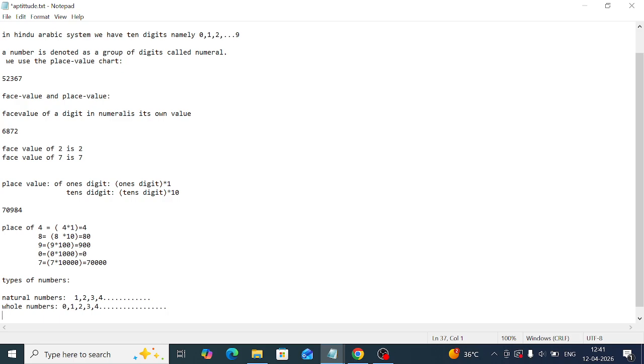Next, see, integers. Integers means what? Tell me. Integers means positive integers will be there, negative integers will be there. Positive integers means what? Positive integers is equal to 1, 2, 3, and so on.